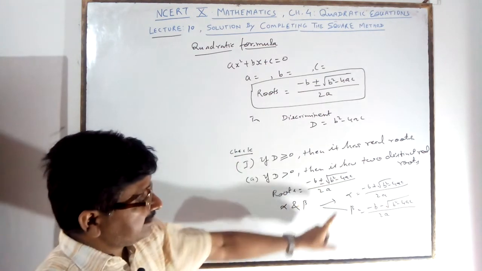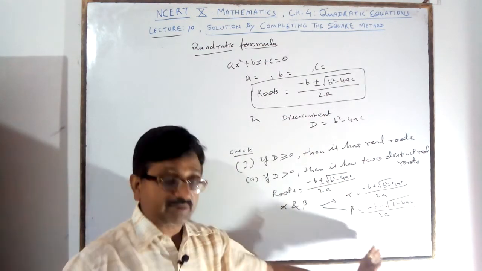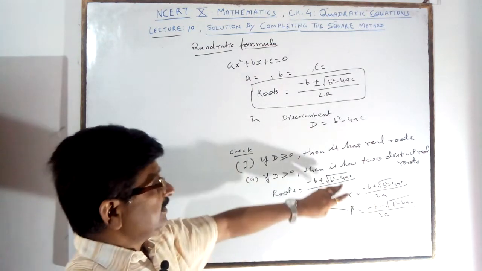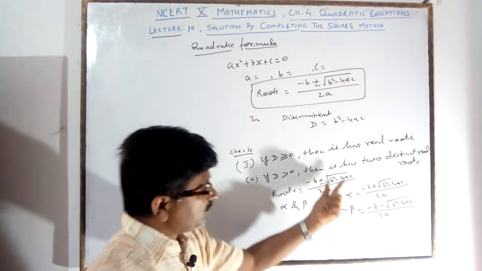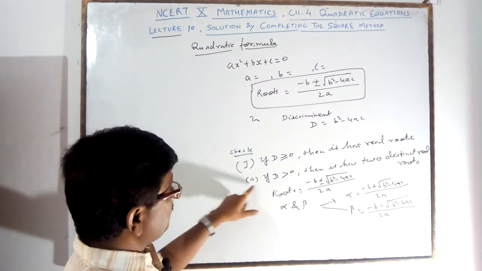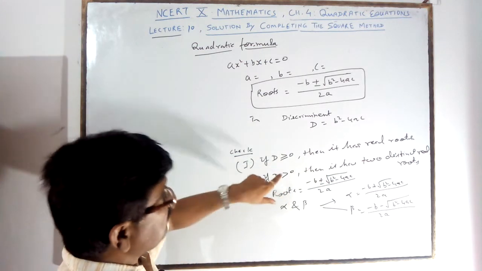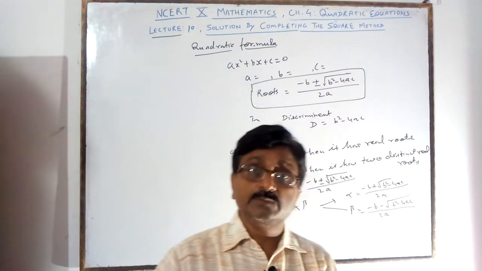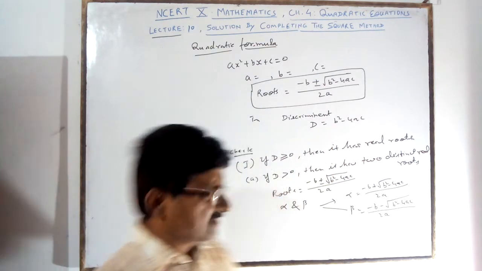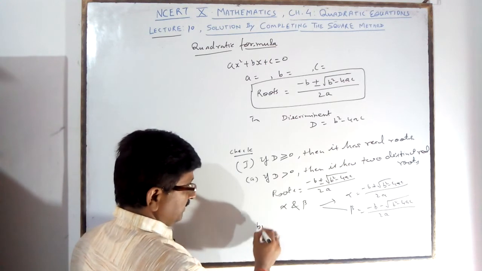These are two distinct, separate answers, like 5 by 2, 3, any answer you can get. You have already calculated this, so directly write the value. So if D is greater than 0, by simply calculating this, you can get the possible answers. Very simple.